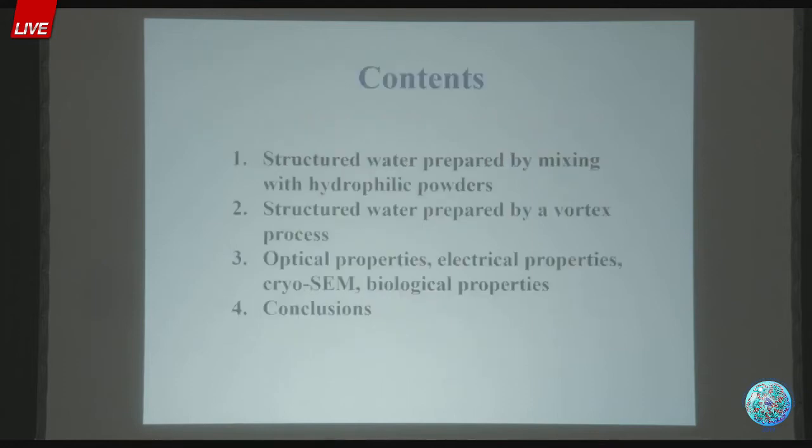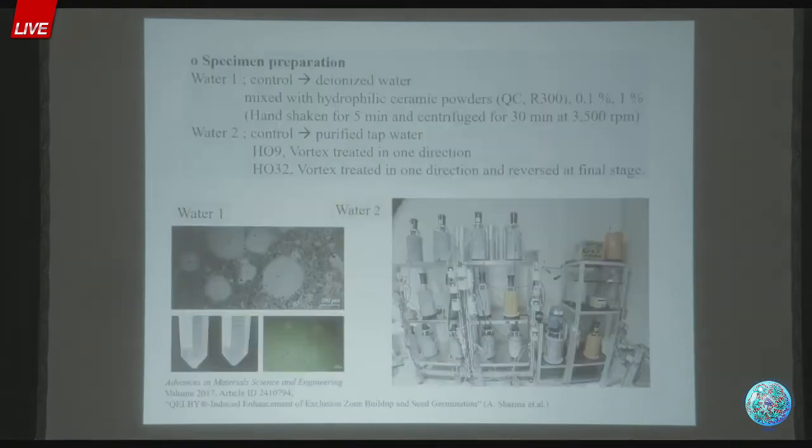And I will show you the process that I adopted to make a structured water. And also I'll compare those properties using the optical method, electrical method, cryo-SEM, and biological properties. The specimen was prepared in two ways.